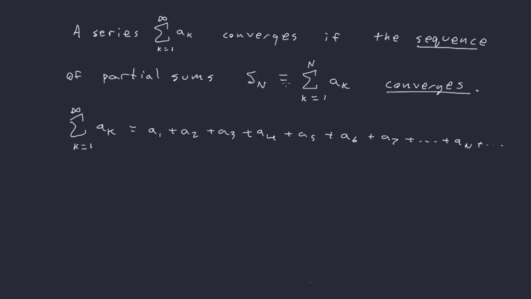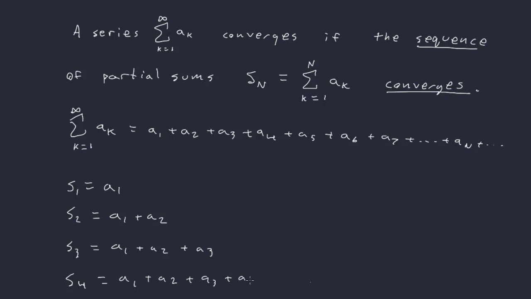What the partial sums do, well, S1 only gives us a1, then S2 gives us a1 plus a2, then S3 gives us a1 plus a2 plus a3, and S4 gives us a1 plus a2 plus a3 plus a4, and it just goes on from there.